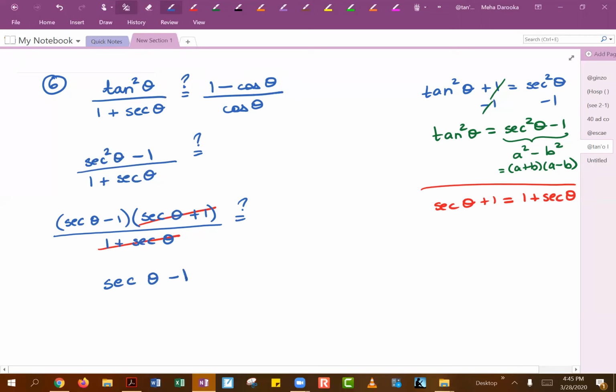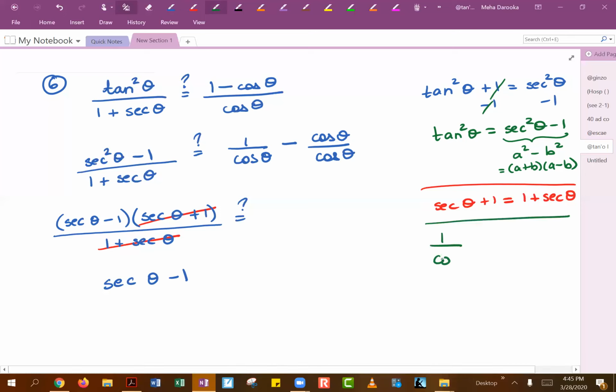Okay? So now you have to show that the right-hand side can also be simplified into secant theta minus 1 if you're going to verify these identities. So let's start with our right-hand side now. You are given 1 minus cosine theta over cosine theta. So I'm going to separate these into two fractions. So you can rewrite this as 1 over cosine theta minus cosine theta over cosine theta.